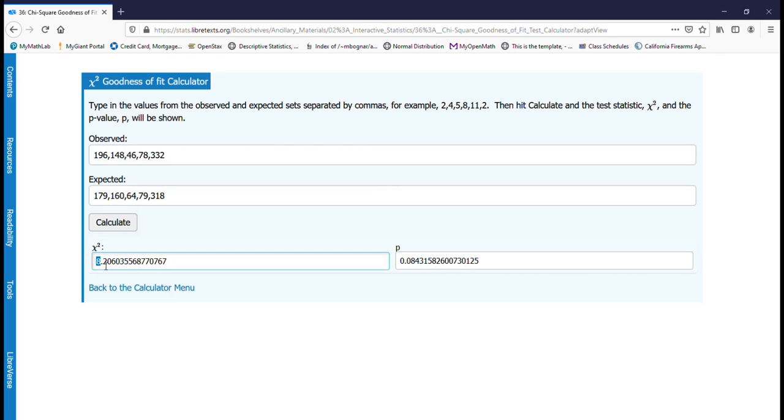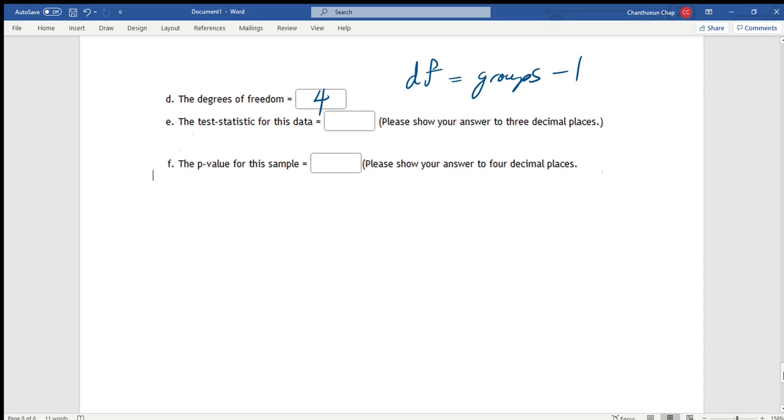Let's make sure we jot down these values so we can finish our conclusion. From our calculator, we have the chi-squared statistic is 8.206, and also from our calculator, our p-value is 0.0843.